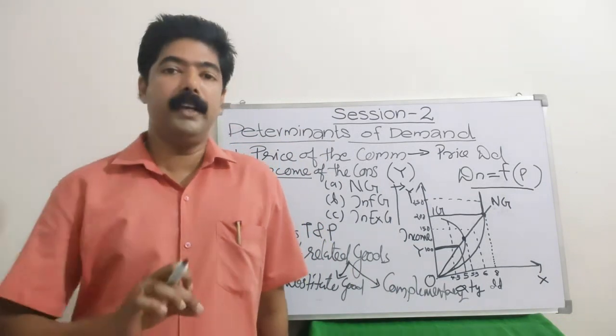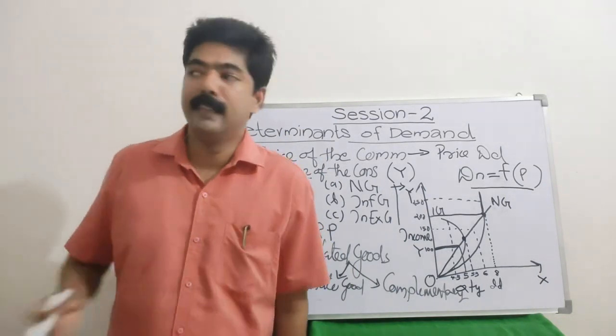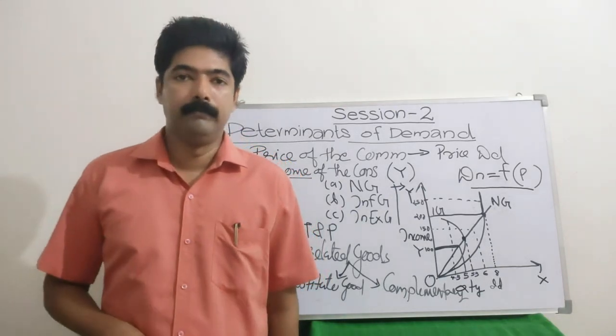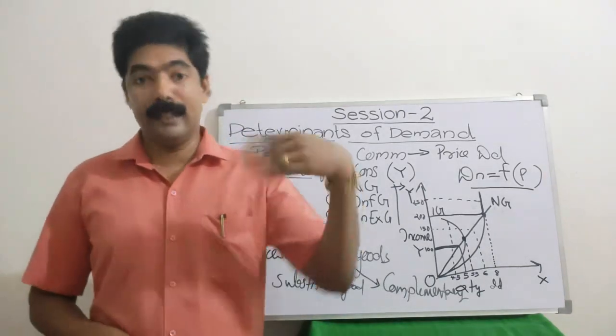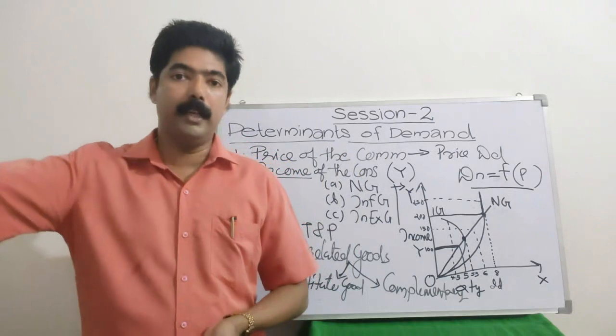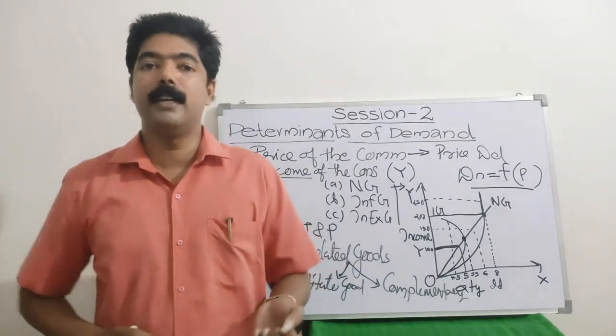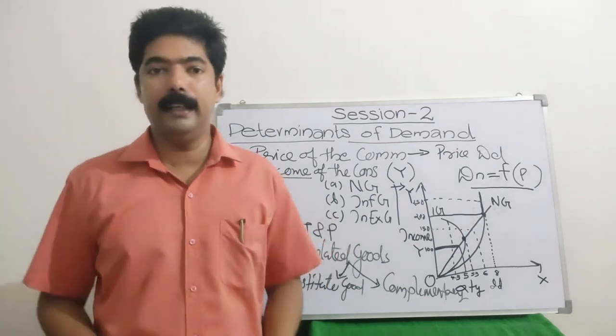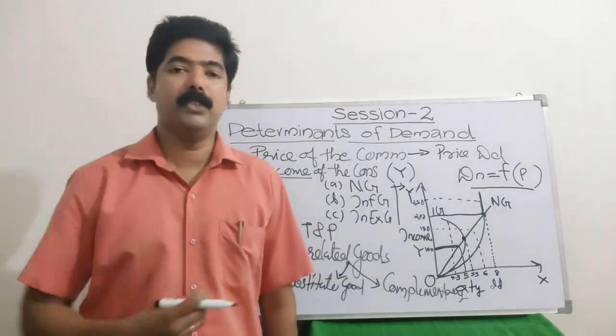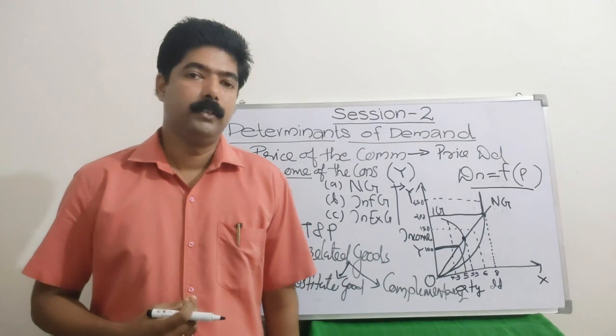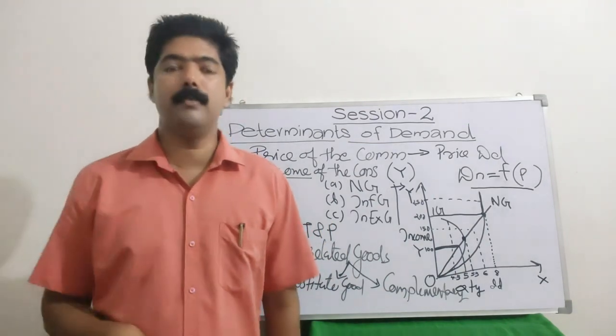The consumer is ready to sacrifice one commodity and accept another commodity in place of the one he gave up. Why? Because in that case the consumer gets the same satisfaction during consumption.